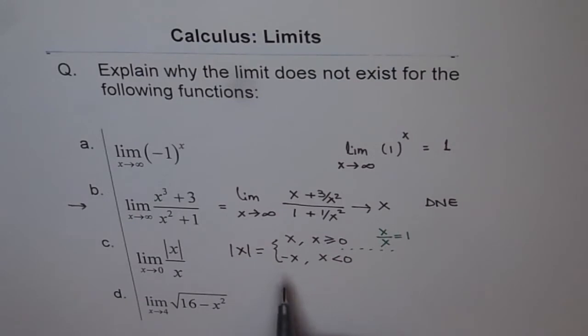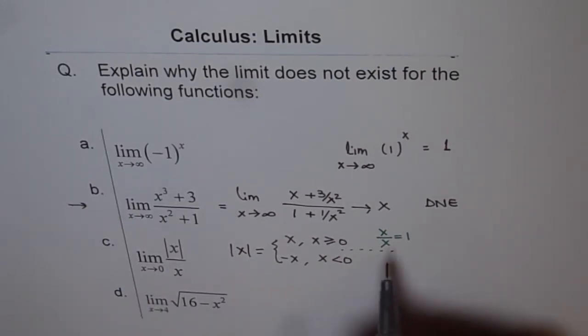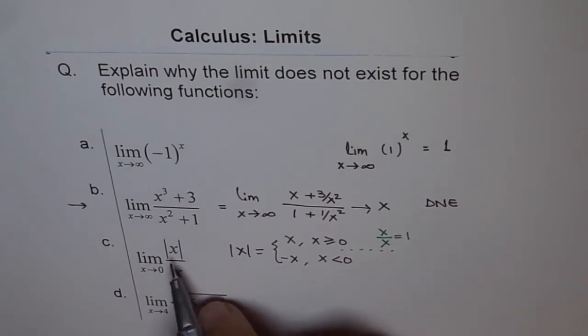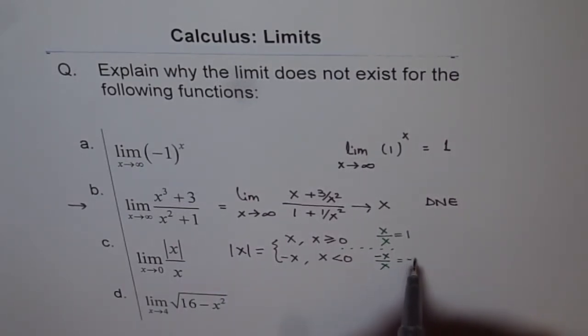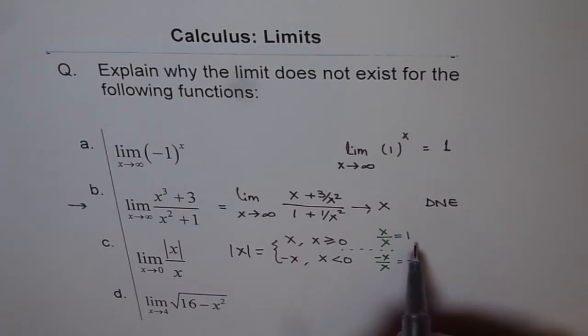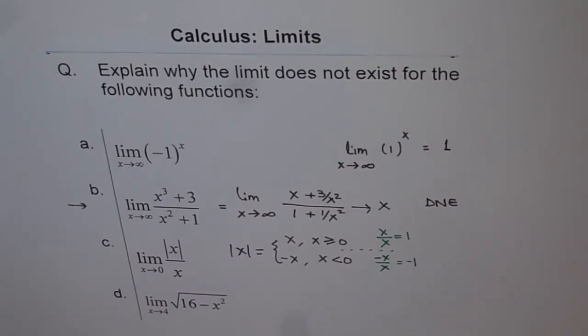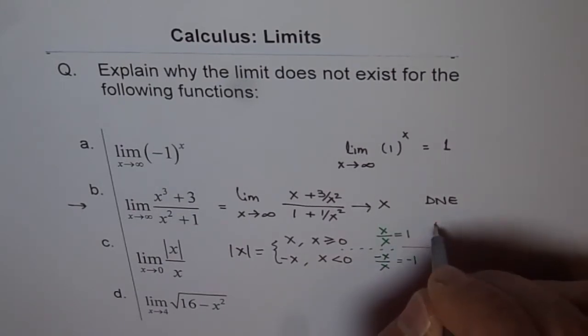And on the left side, that means limit when x is approaching from the negative side, it becomes absolute x is minus x over x, which is minus 1. Do you see that? And therefore, the limit does not exist. Since as we approach from the right side, we are approaching 1, and when we approach from the left side, we are approaching minus 1. Since both the values are not the same, the limit does not exist, correct?